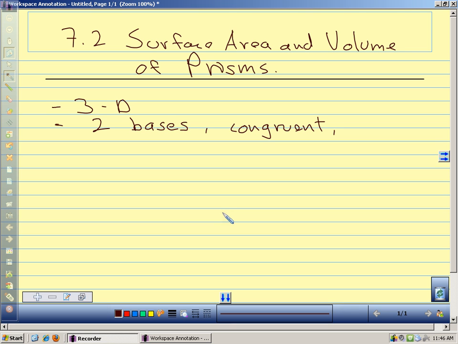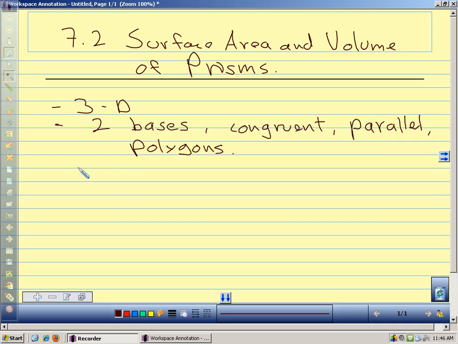There we go. They have to be congruent, parallel, and just so we know for sure, they're polygons. If our bases are circles or some other curved shape, then we don't have a prism, we have a different kind of shape. So we have to have two bases, they have to be congruent, parallel, and they have to be polygons.